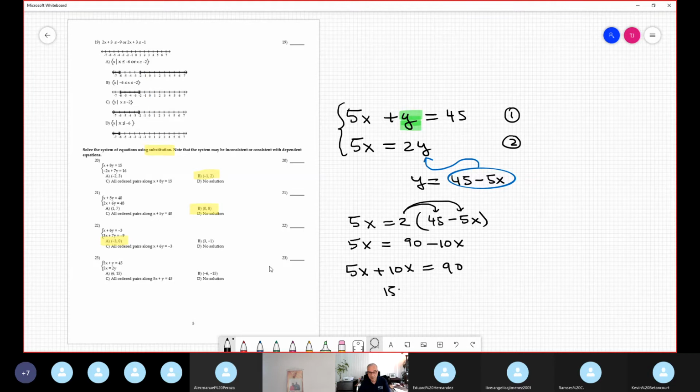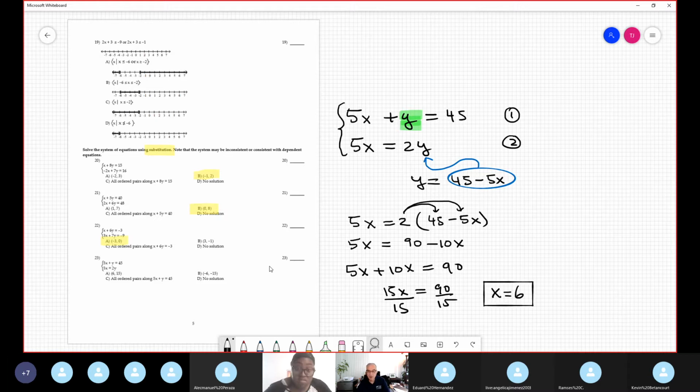Combine like terms, 15x equal 90, and divide by 15 both sides. Now division. Put in the calculator 90 divided by 15. Six. It's obvious. This is the x value.